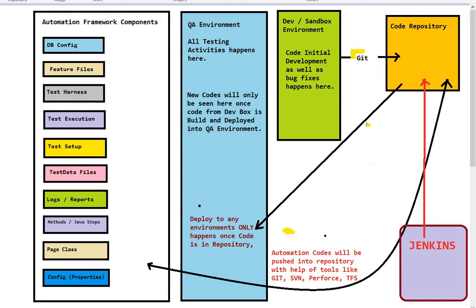Test harness is basically where you collect the tests you want to run, like the big overall test, such as a regression test or smoke test or all these different kinds of harness based on your testing scope.